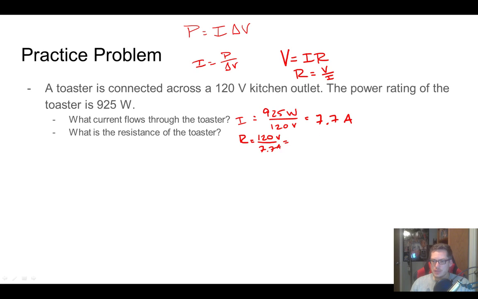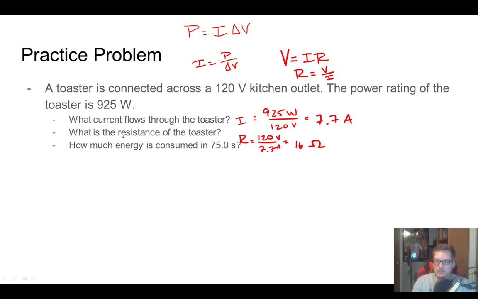This would be volts, this would be amps. So 120 divided by 7.7, we get 15.58. So it would be 16, and it would be ohms because it's resistance.